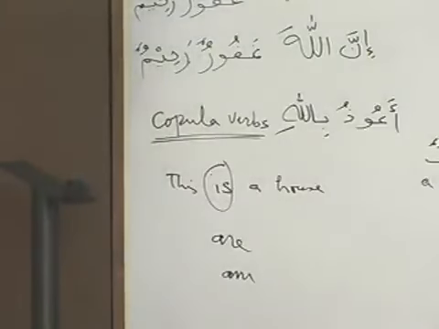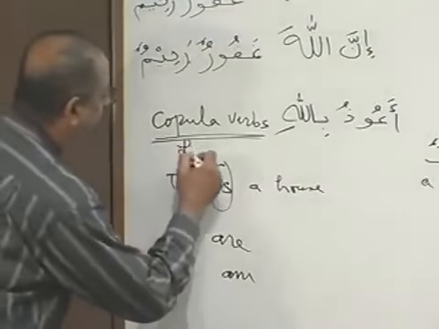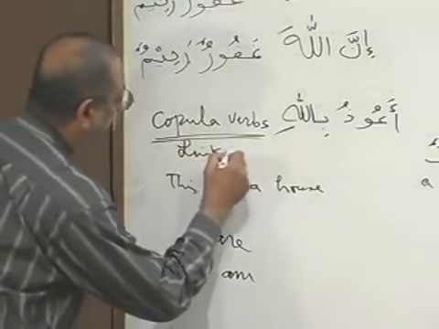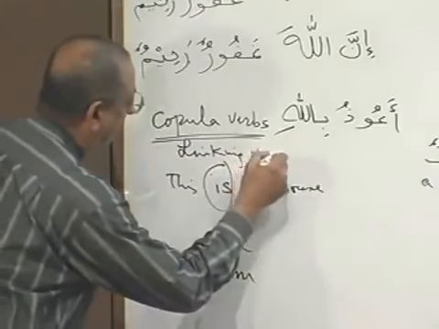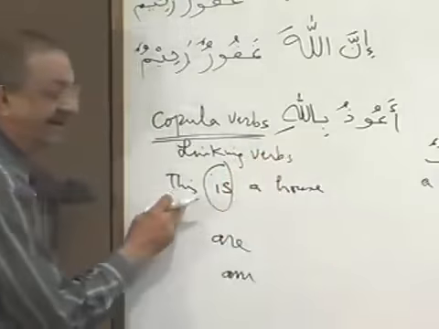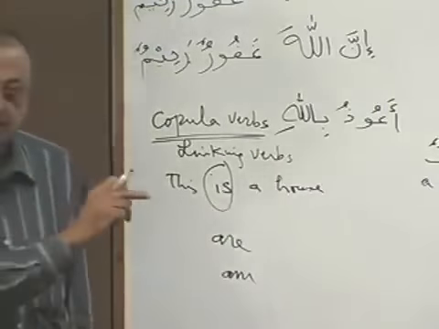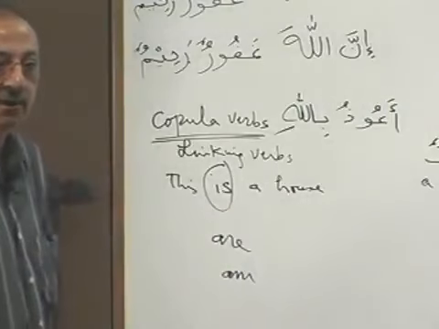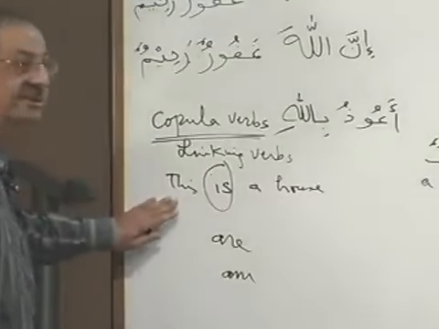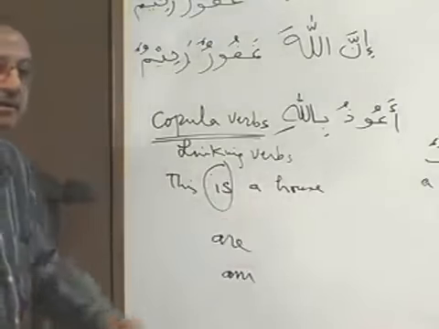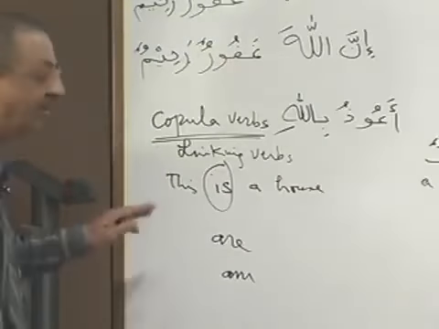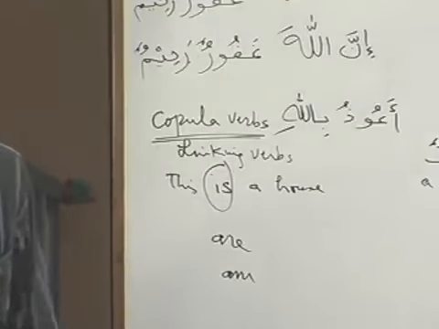But they are called copula verbs. It means they are linking verbs. They link one noun with another noun. Or it links the subject with the other noun. They are called linking words in English.